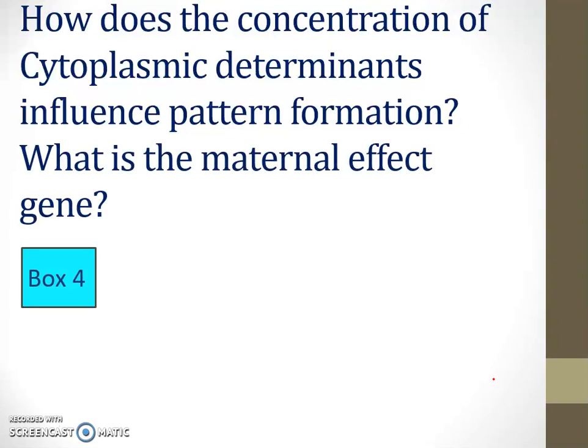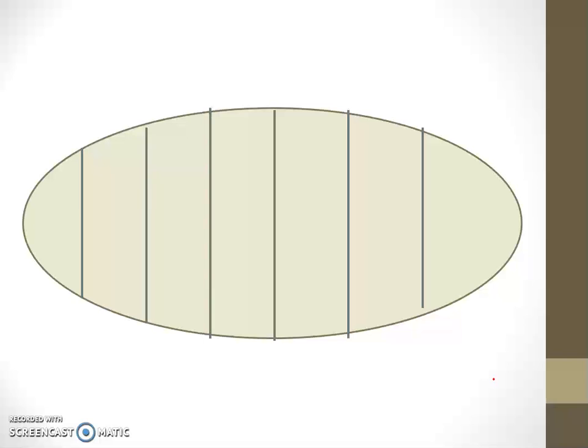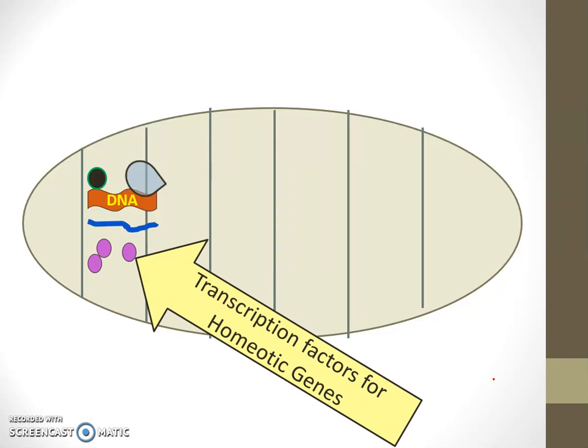And so once we have these different segments formed, what happens next is we need to know where to turn on the genes for limb development and different anatomical structures. So here we have that bicoid protein. We'll turn on genes in the anterior region, and here we have something new. We call these homeotic genes.